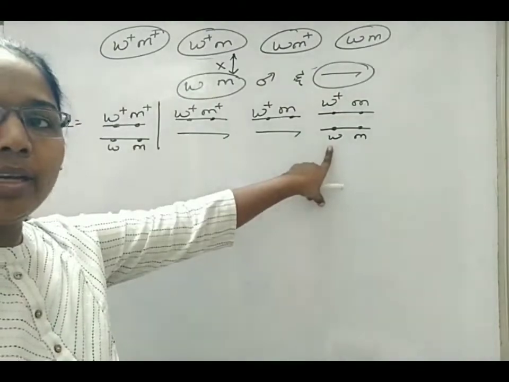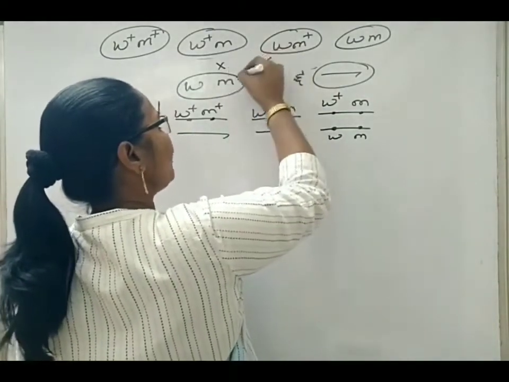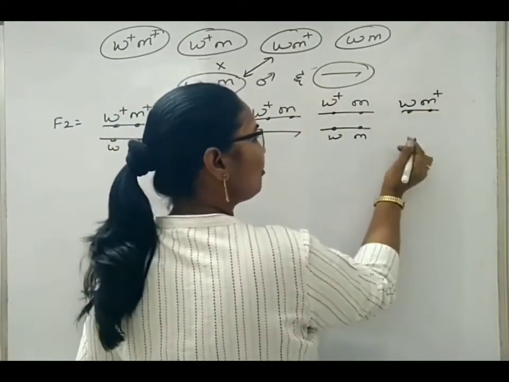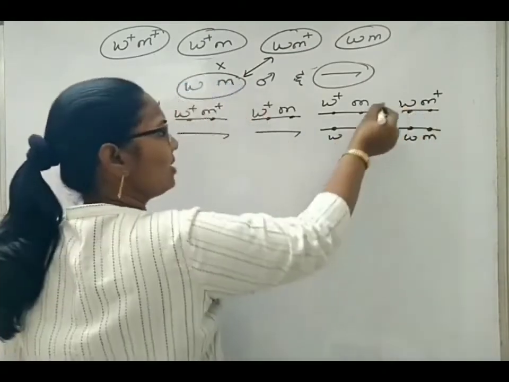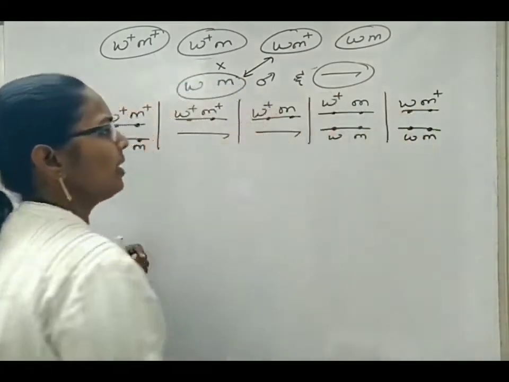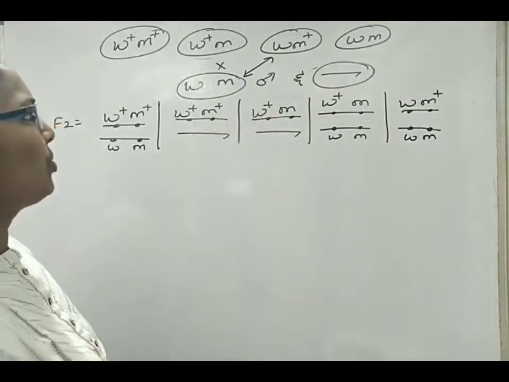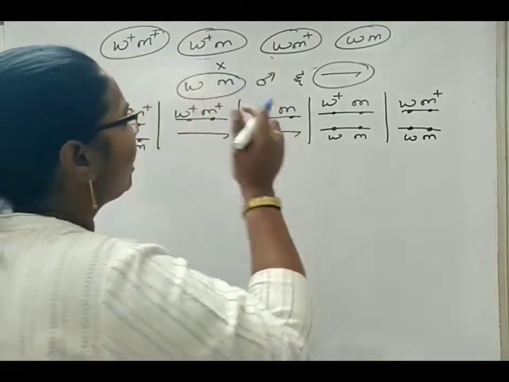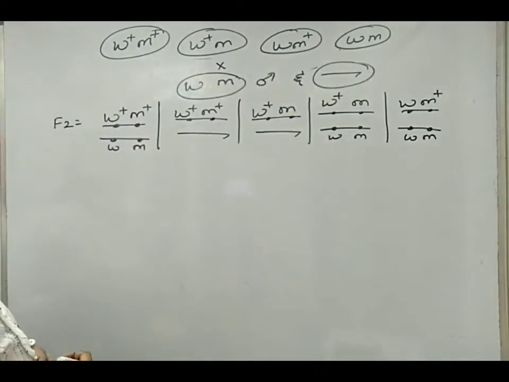Here also we have got one more recombinant. Now, let's cross this both. M plus, this is the X chromosome of female crossed with the X chromosome of male. This is also considered a recombinant because there is only one dominant allele in the X chromosome. Let's see another type of cross with a purely recessive one of the X chromosome of a female.